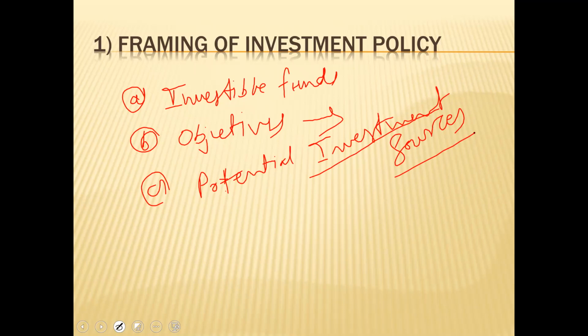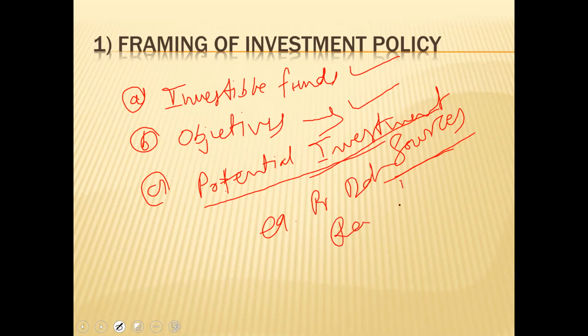Take for example, you have decided to invest 50 lakh. What is the objective? Children's education or else daughter's marriage. Now, what are potential investment sources? Out of 50 lakh, you can invest in equity shares, preference shares, debentures, real estate, gold.